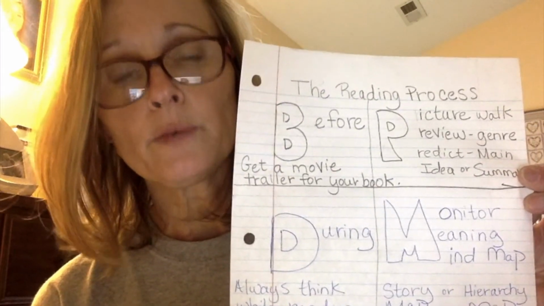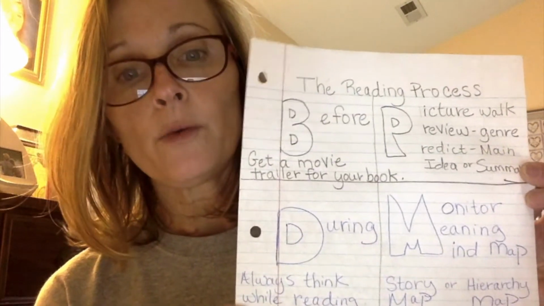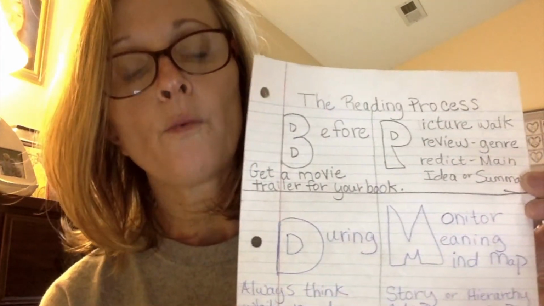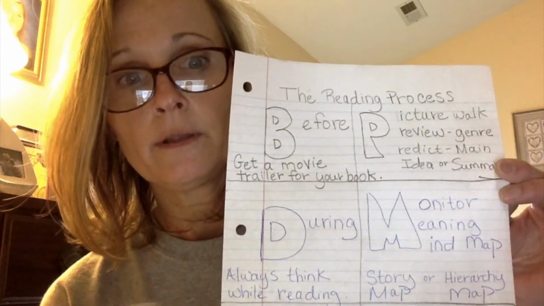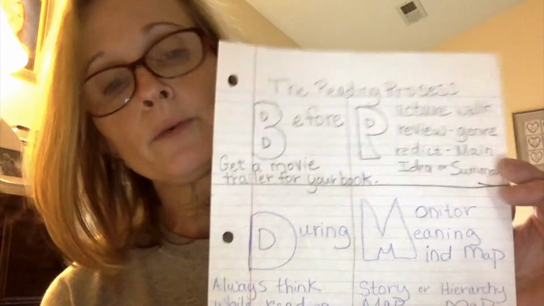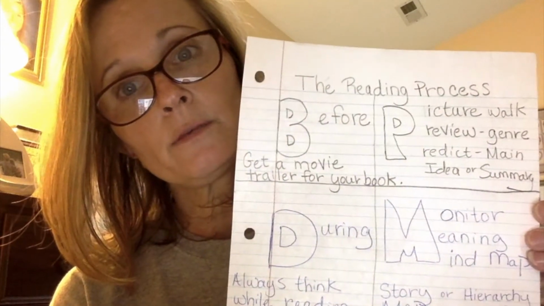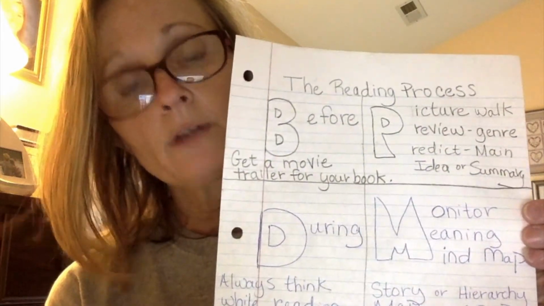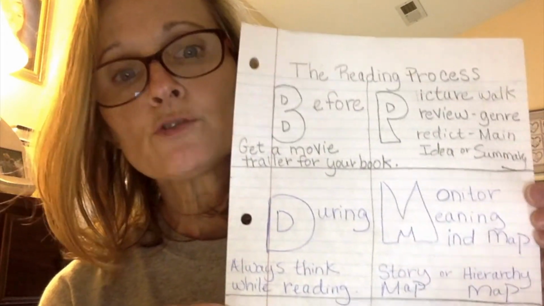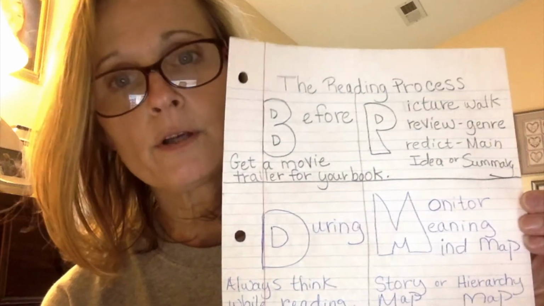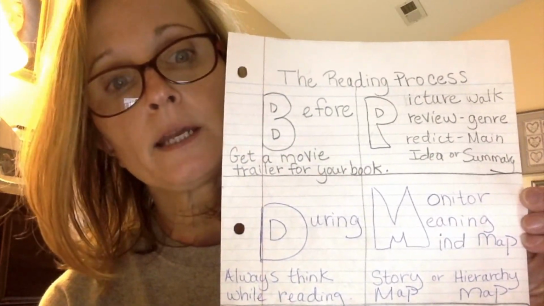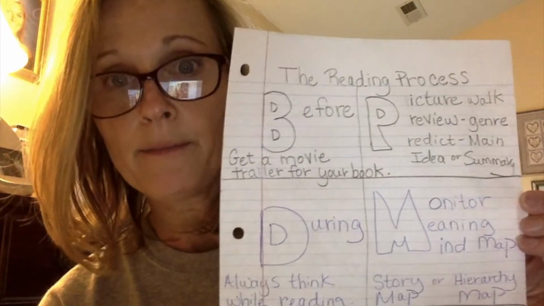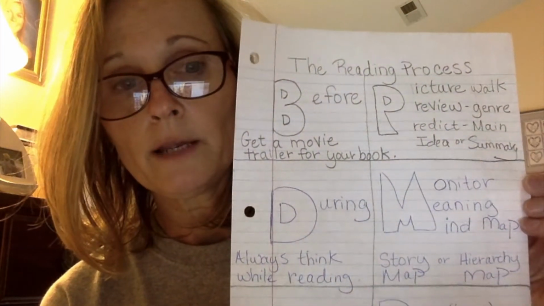So while we read, we think. Always think while reading. Always while. So if we're thinking while reading, we want to provide students with a strategy, a tool for how to keep track of the parts of what I'm reading. And so we monitor meaning using a mind map during reading.